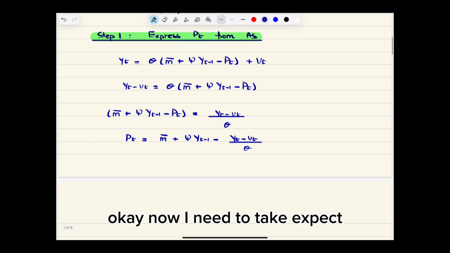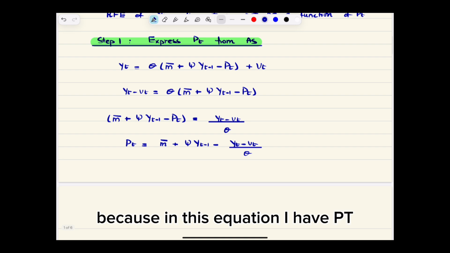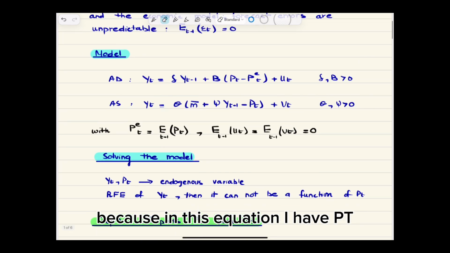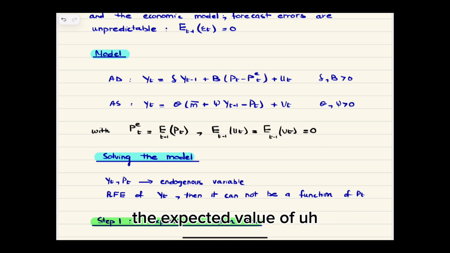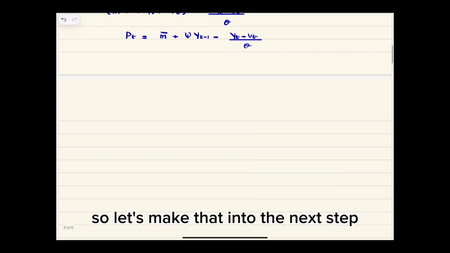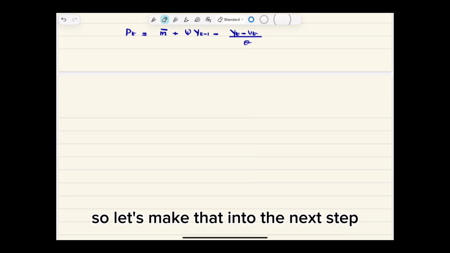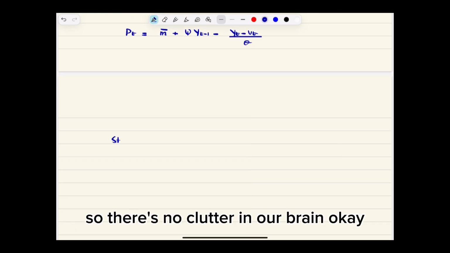Okay, now I need to take expectations, because in this equation I have pt, which I just found, but I also need the expected value of pt, right? So let's make that into the next step, so there's no clutter in our brain.